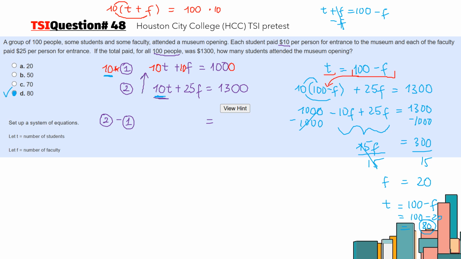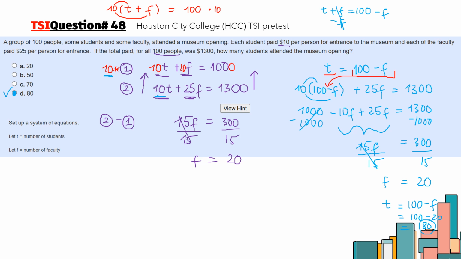So 10T minus 10T is 0T, which is 0. 25 minus 10 is 15F. 1,300 subtract 1,000, you're left with 300. Now it's shorter and we have the same answer. So we now divide both sides by 15. Cancel that 15, we have F is equal to 20.